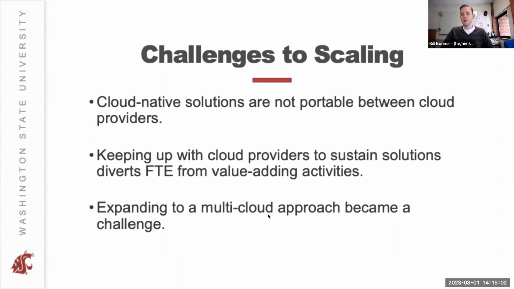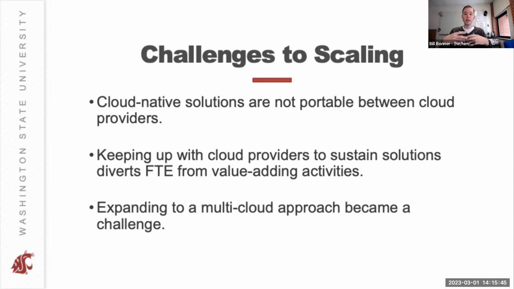But it also provided challenges, because while we were succeeding in AWS and doing quite well there, there were very legitimate needs for other cloud providers, for Azure, for Google Compute. And so that became a big challenge for us as we explored ways at which we could try to replicate what we were doing in AWS to other cloud providers. But the amount of effort that it takes just to keep up with a single cloud provider, the pace of changes and iterations and innovation that goes on in the cloud, which is one of the big drawing points, you're putting yourself at sort of a catchment of innovation, which is exactly the sort of environment you want to make available for your researchers, also becomes a challenge to keep up with.